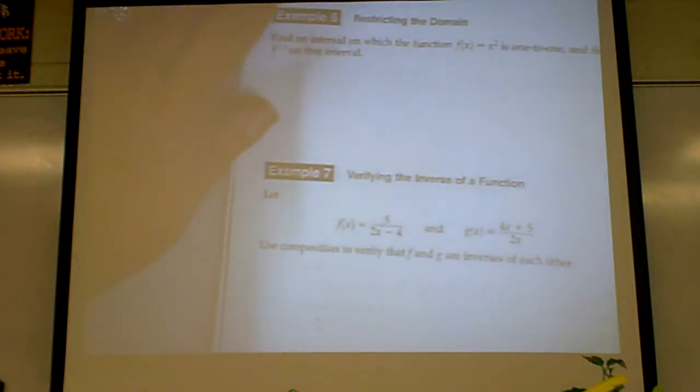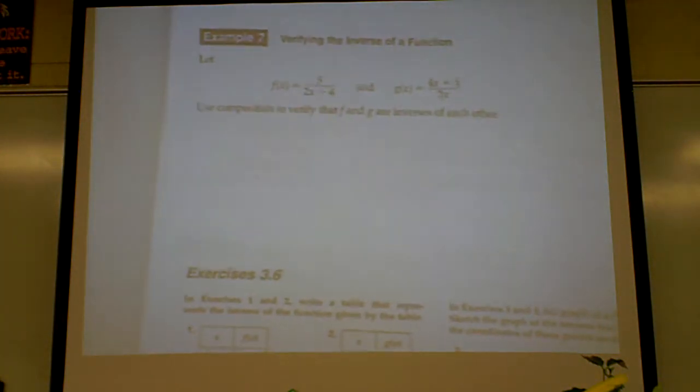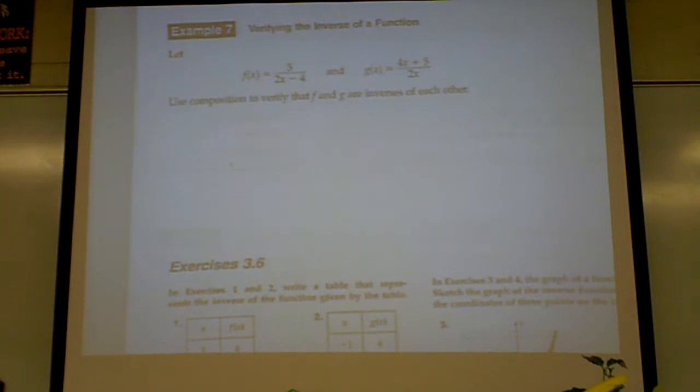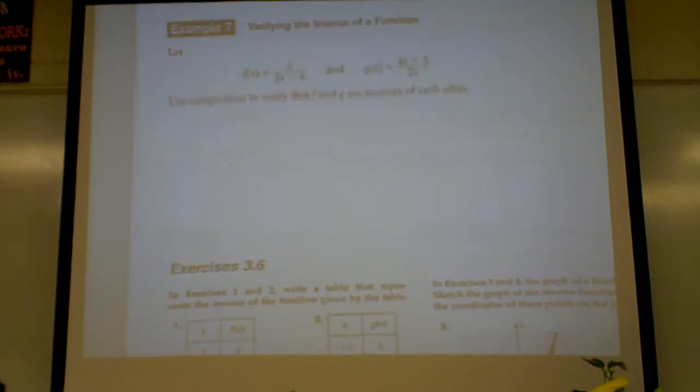Last example, example 7. This will probably be the most difficult question on your test, and the only reason why it's difficult is because of the algebra skills that you need to solve it. You might have to reach back in your mind and get this from algebra.